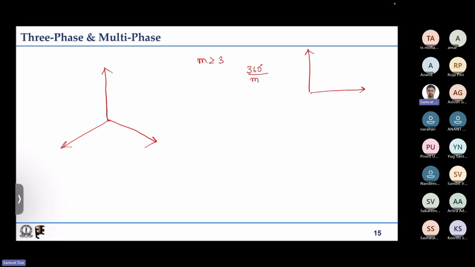We looked at that. So this is the construction: R phase, Y phase, B phase, and the concentrated coils wound around each pole, so that we have the R phase axis vertically, the Y phase axis at 120 degrees to the R phase axis, and again the B phase axis 120 degrees away from the Y phase axis.